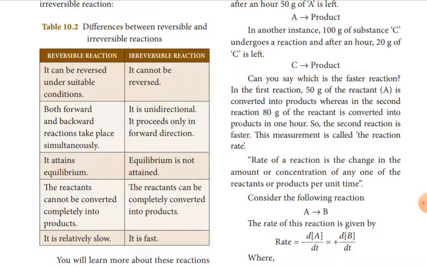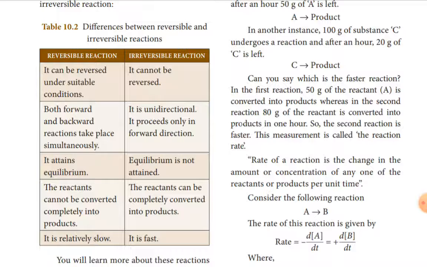In a reversible reaction, the reaction attains equilibrium at one stage. But here there will be no equilibrium, and reactants cannot be converted completely into products. So in the reversible reaction, only a portion of the reactant decomposes to give the product; complete conversion of reactant to product will not be obtained.